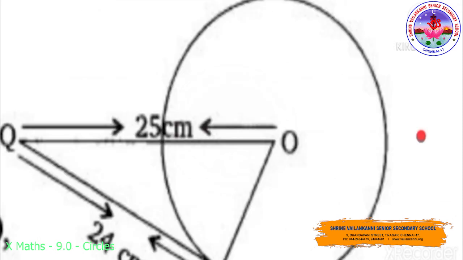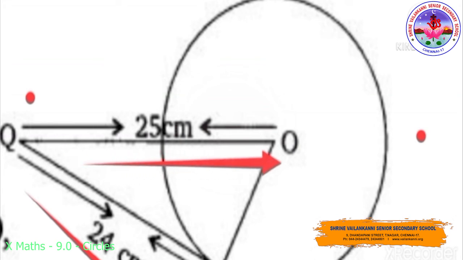We are drawing a circle with center O, and from an external point Q, we are drawing a tangent to the circle, intersecting the circle at the point T. So I am writing the tangent QT as 24 centimeter. From that external point Q, a line is drawn joining the center whose measure is 25 centimeter. I want to find out the radius of the circle OT.